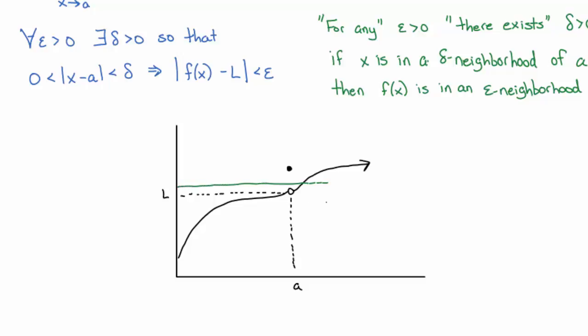Again, it's centered at L, so it'll be symmetric. The height here is L plus epsilon. The height down here is L minus epsilon. So you have a little wiggle in height.